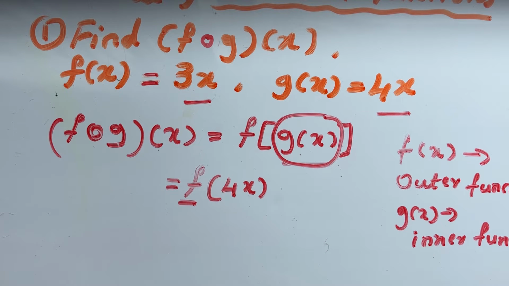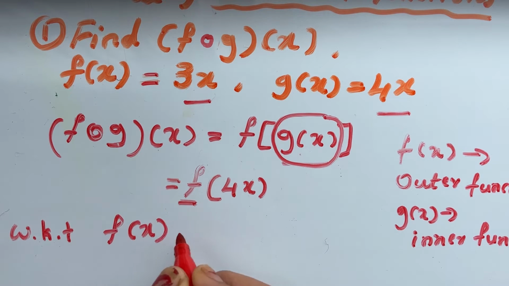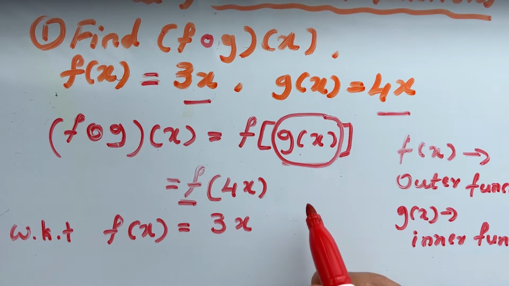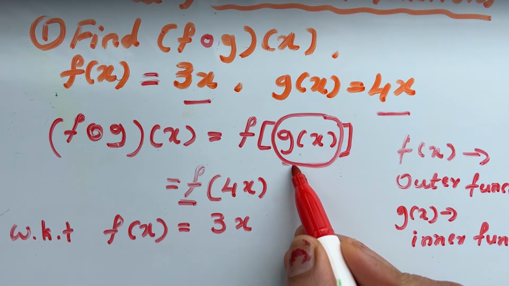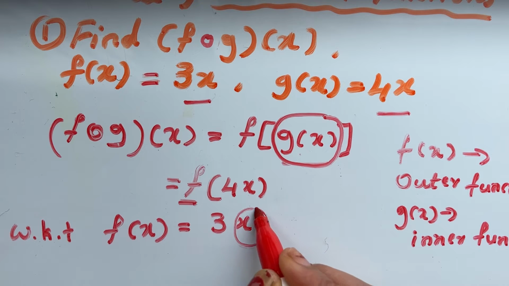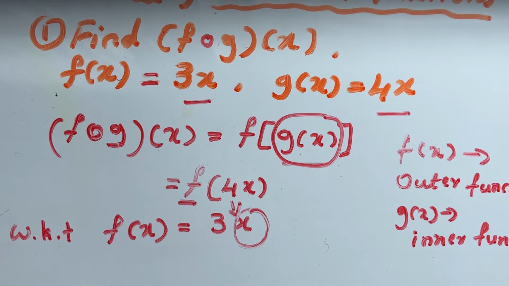We know that f of x is 3x. F composition g of x means you are sending the inner function g of x, which is 4x, through f of x. So in place of x, you have to substitute 4x.